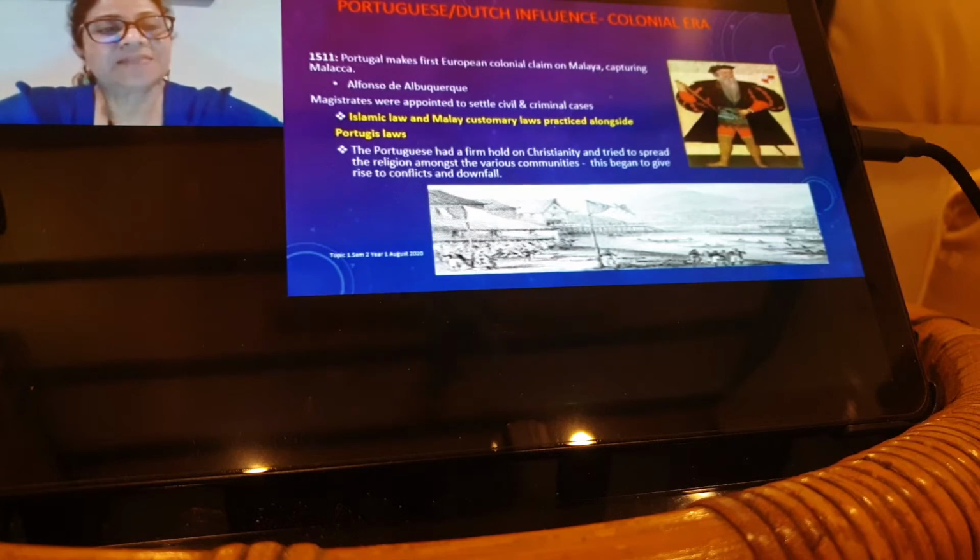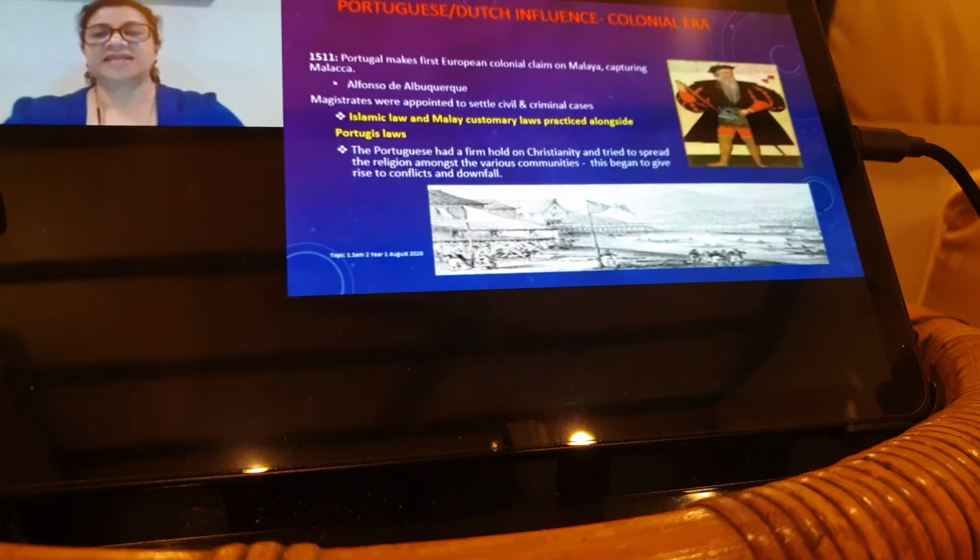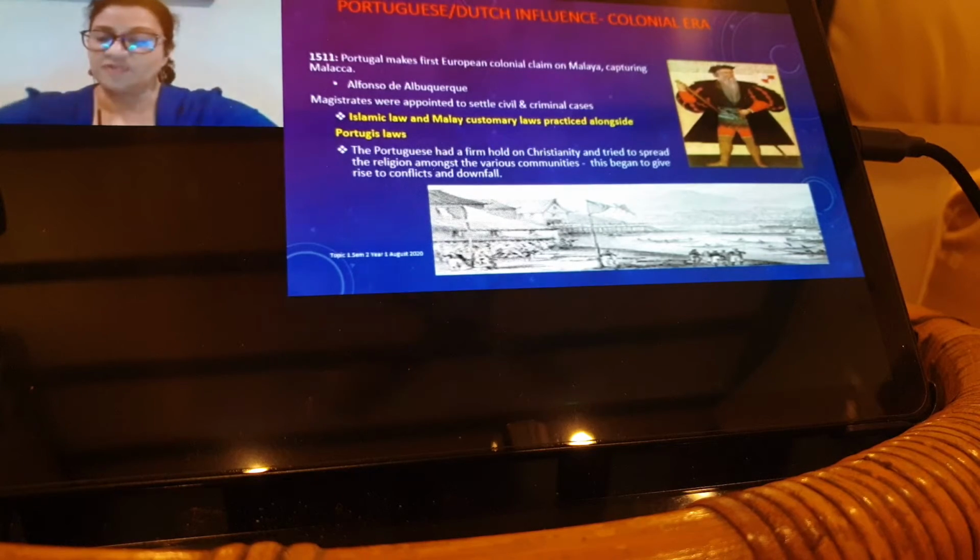Islamic law and Malay customary laws were practiced alongside Portuguese laws. Now, the Portuguese at that point of time tried to spread Christianity. They had a strong hold on Christianity, and they tried to spread the religion among the various communities. As a result, there was a rise of conflict, which subsequently brought the downfall of the Portuguese.